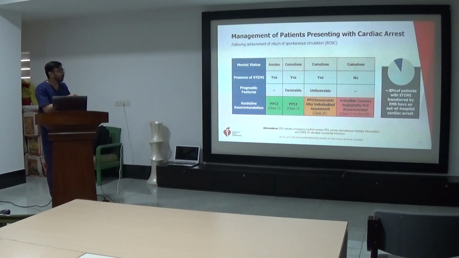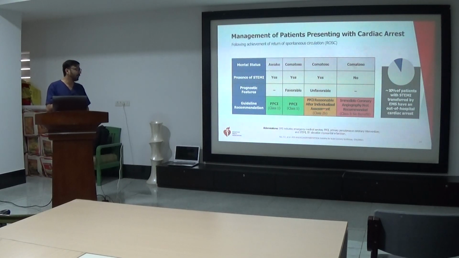If the patient is comatose with ST elevation MI but neurologically there is return of spontaneous activity or a favorable prognosis, then we put them in class 1, primary PCI. If the patient is comatose, there is no prognosis and neurological function is deteriorated, with ST elevation MI, it is a class 2B recommendation, reasonable after individual assessment. And if the patient is comatose with no ST elevation MI, there is harm in doing invasive angiography.